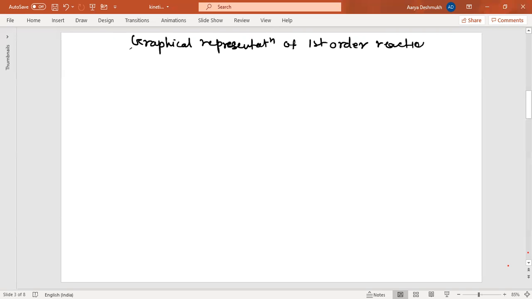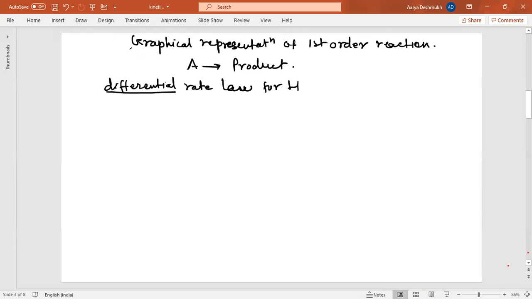Now this is of the first order reaction. Now consider a reaction like this. It is getting converted into product and the differential rate law, remember, we are using differential rate law. Rate law for this reaction, you can write here as rate equals to minus of d[A]/dt, we have done this exercise already.